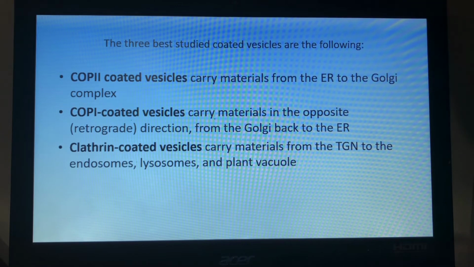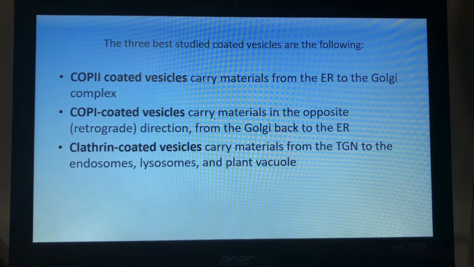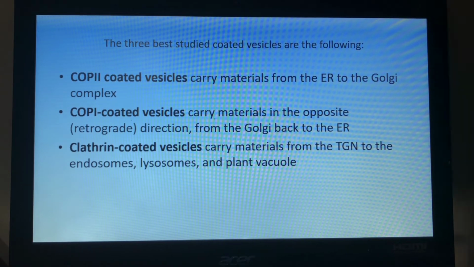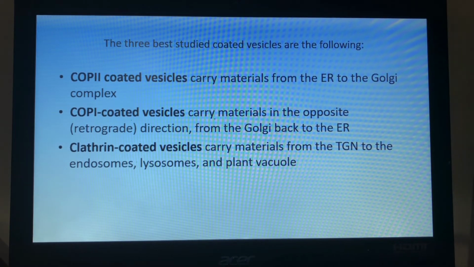COPI coated vesicles carry materials in the opposite, retrograde direction, from the Golgi back to the endoplasmic reticulum. Clathrin-coated vesicles carry materials from the TGN to the endosomes, lysosomes, and the plant vacuole.